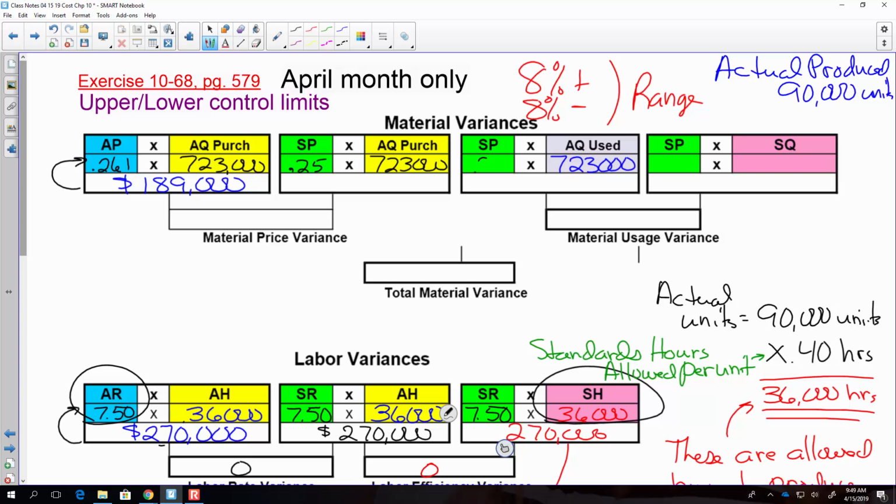So we can put that in 3 times. Looking at the price I paid and the standard price, looking at these 2 blue and green boxes, do I have a favorable price variance or an unfavorable price variance? Right? So we can add that already.